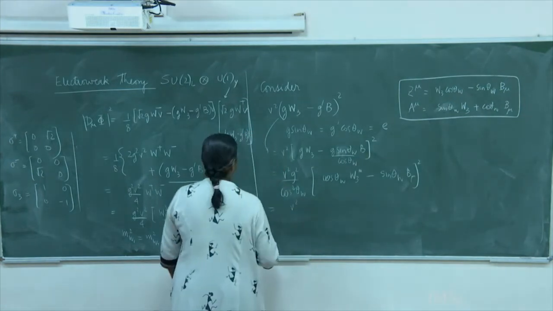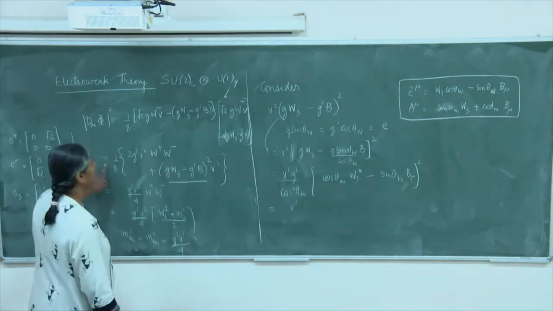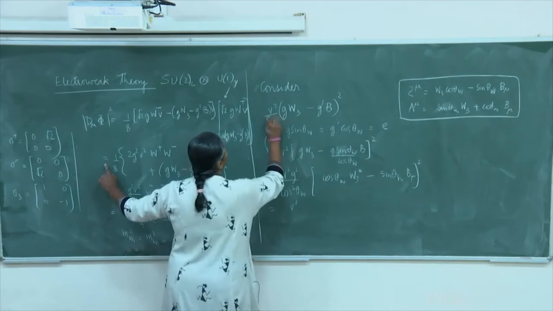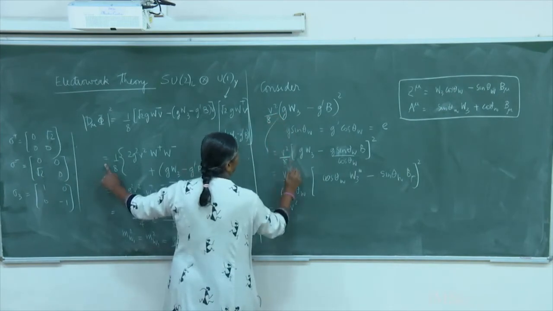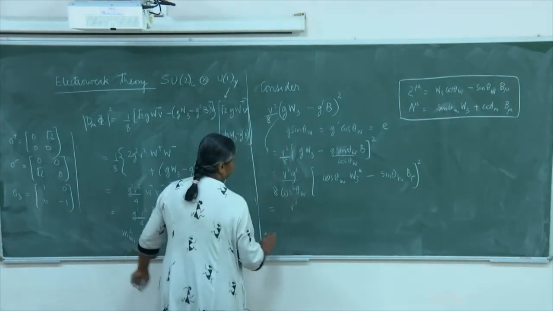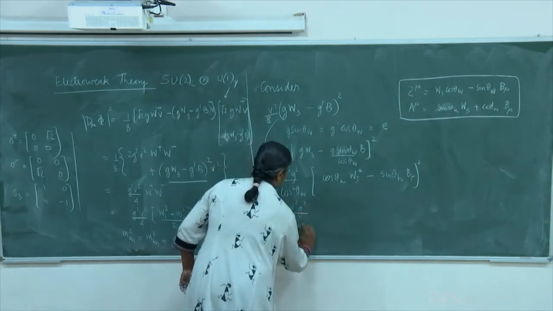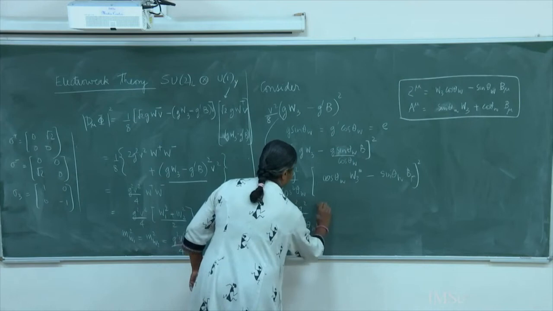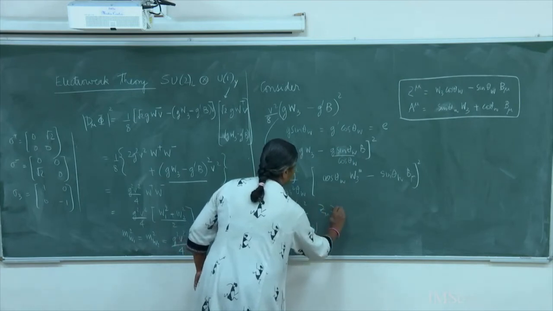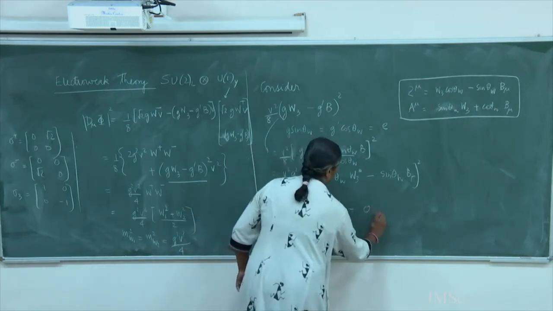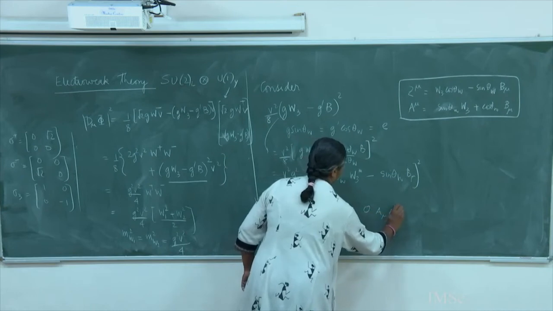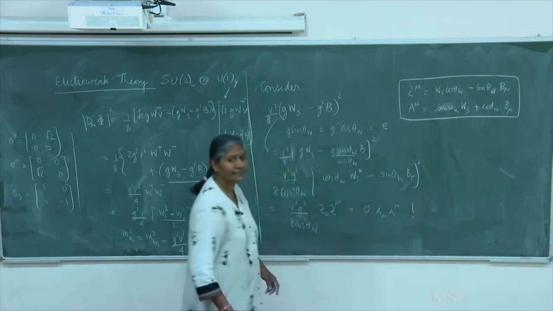So v squared. There is an overall 1 by 8. So might as well put everything back together. So nice, right?